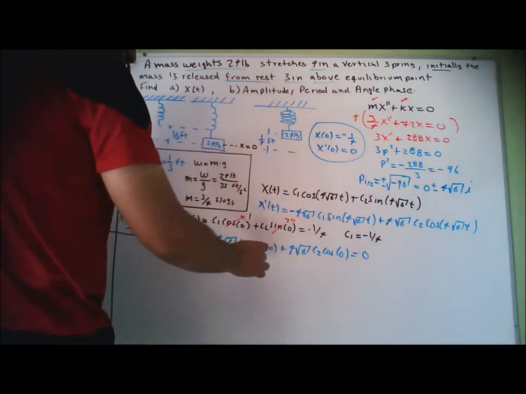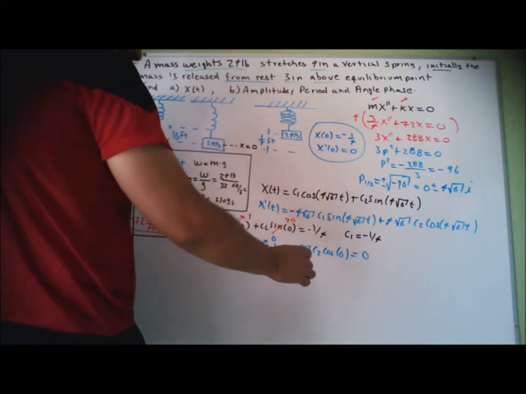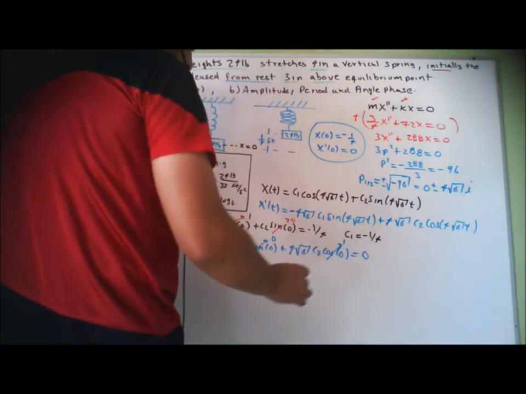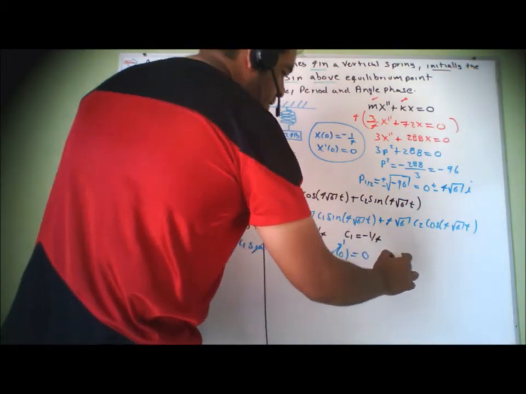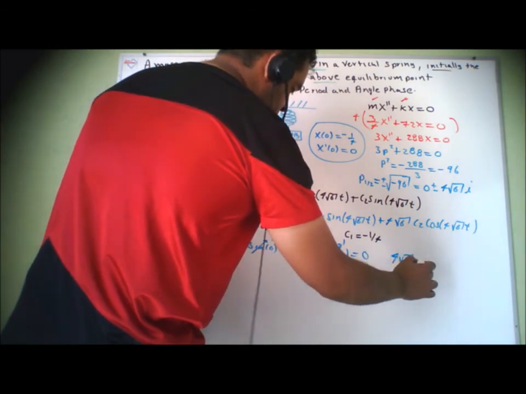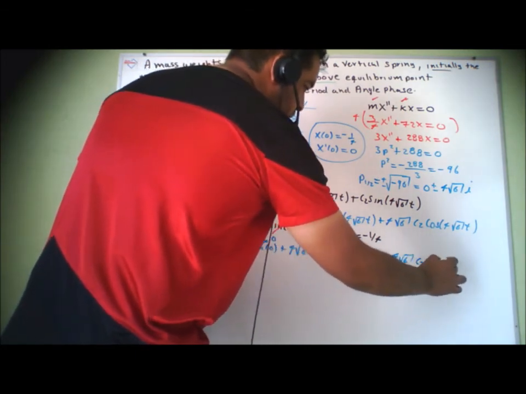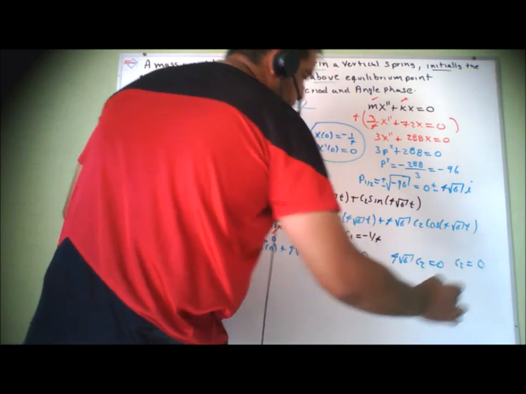The first term is going to be 0, and the cosine of 0 is going to be 1. So what is left is 4 square root of 6 c2 equal to 0. So c2 is equal to 0.